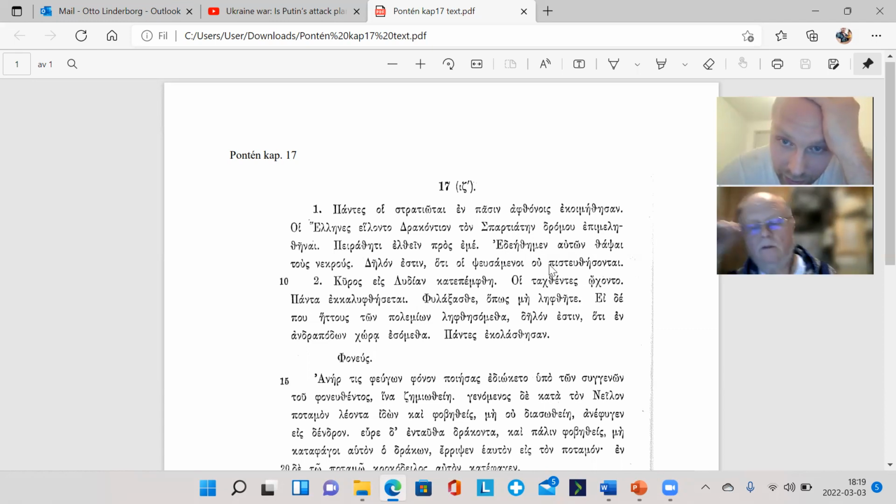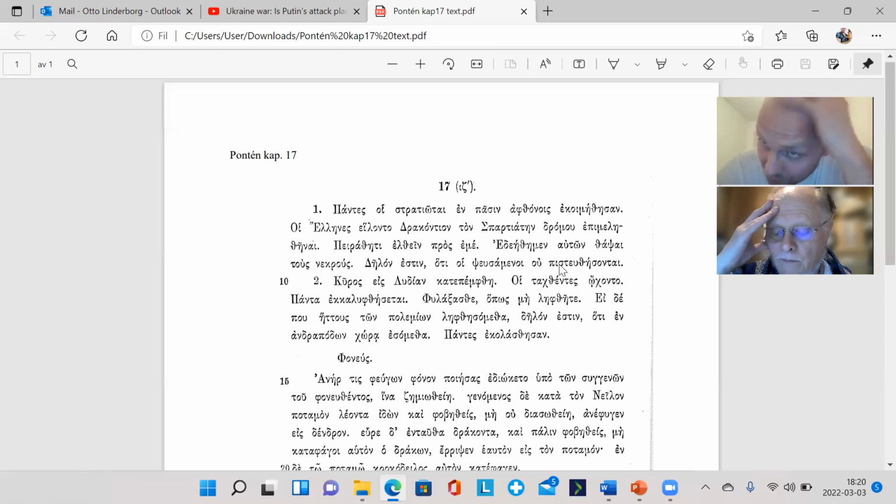And what kind of verb form do we have here? Samenoi is a participle. It's an aorist participle, and the pisteutheston is a future infinitive. It's not an infinitive actually. Oh, okay. It's third person plural. That's right. It's a future passive third person plural.